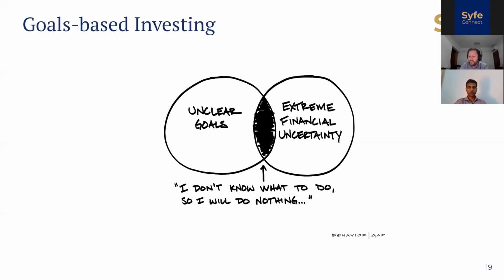In this visual, what it shows is that when you try to invest without a clear goal, especially in uncertain, volatile times like we're experiencing now, people don't know quite what to do. So as a result, quite frankly, they end up doing nothing.